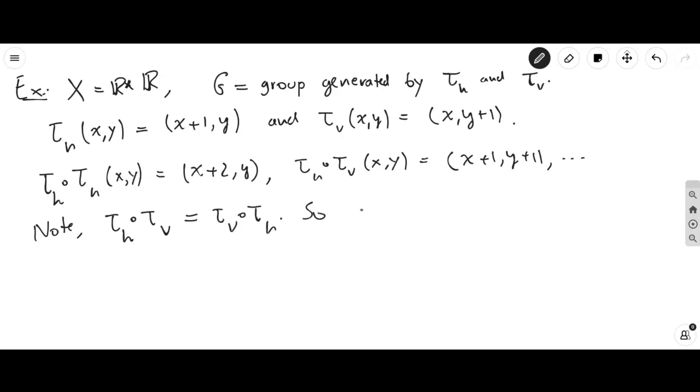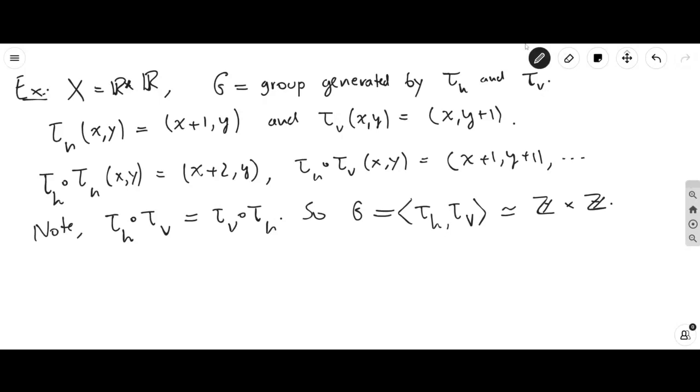So we write that G is the group generated by these two automorphisms. That's the way you write it: you have two automorphisms and you generate the group. So this just means you consider all possible ways of multiplying these together and their inverses. And as a group, this is of course isomorphic to two copies of the integers, because tau h behaves like an integer and they commute. So it's a commutative group, and as a group, it's isomorphic to two copies of the integers.